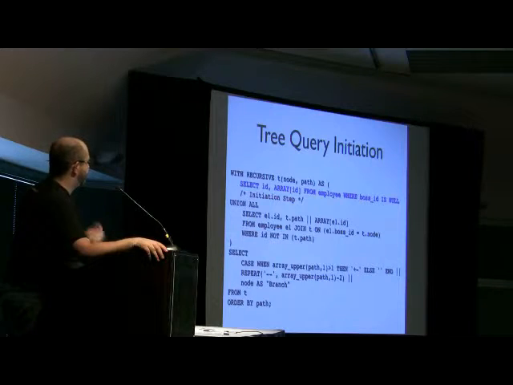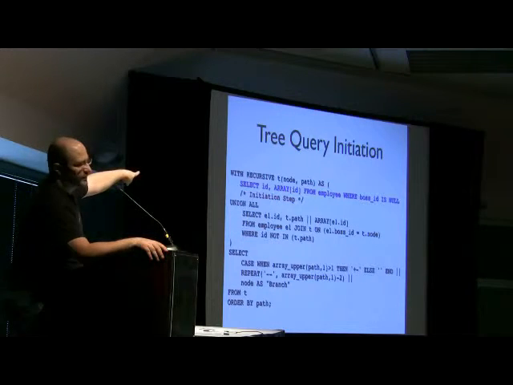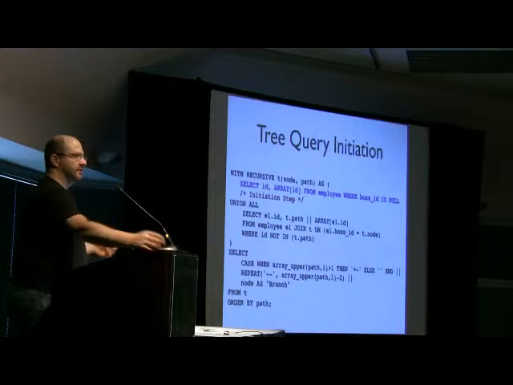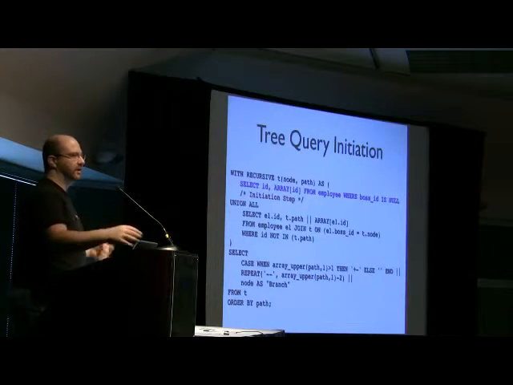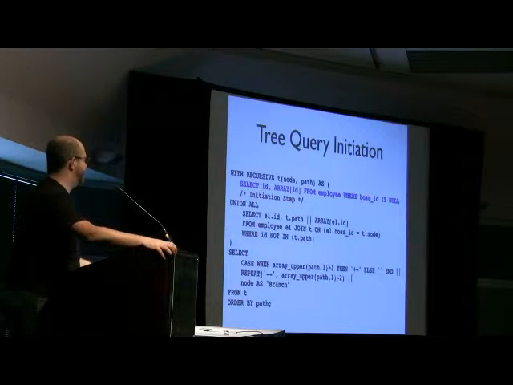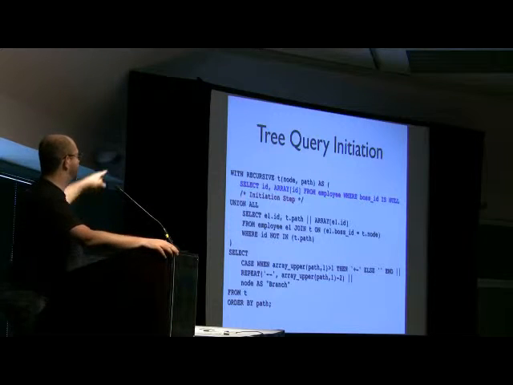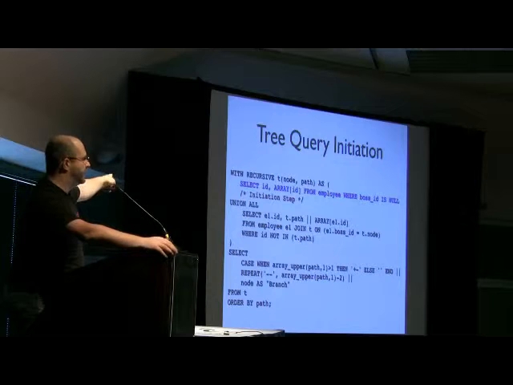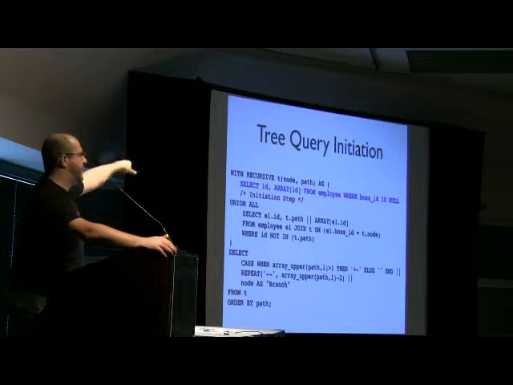Then we're going to say select, and then we're going to use an array constructor. Does MySQL have one of those? Array? No. Okay, well, it's a nifty Postgres thing, and I used it shamelessly because I'm talking about Postgres. So we put the node, and then we initialize an array with that node in it.